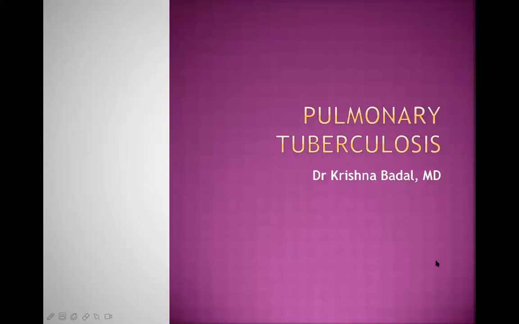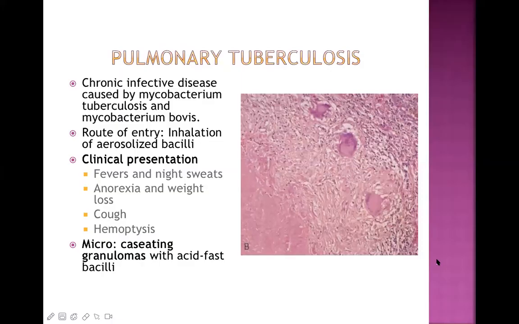Now see here, pulmonary TB. What is the causative agent of pulmonary tuberculosis? That's the first question. Mycobacterium tuberculosis. Very good. In different books, some other organisms are also mentioned.